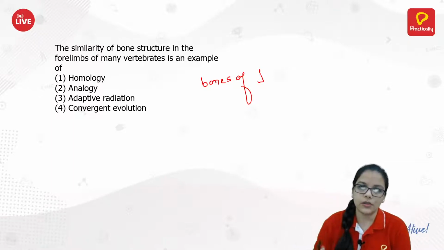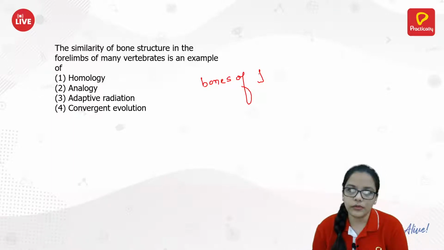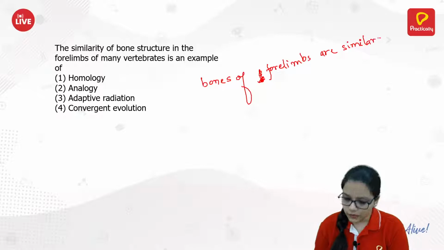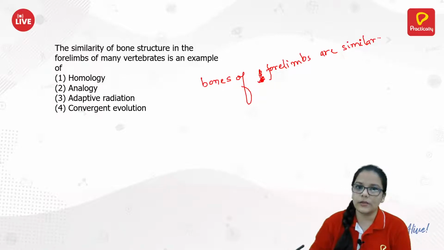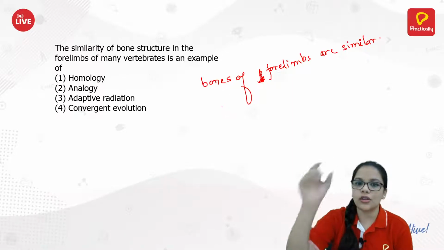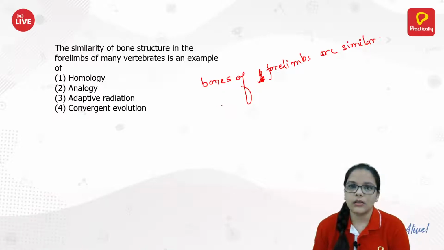In vertebrates you can find the bones of forelimbs are similar. Whereas the bones are similar, the structure of the forelimbs, the muscle part and the skin part, can be different.